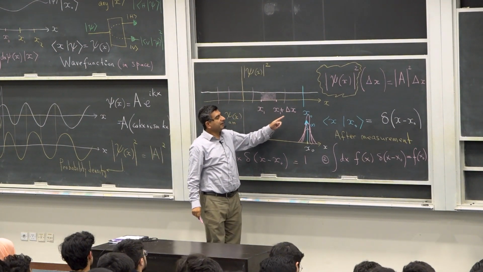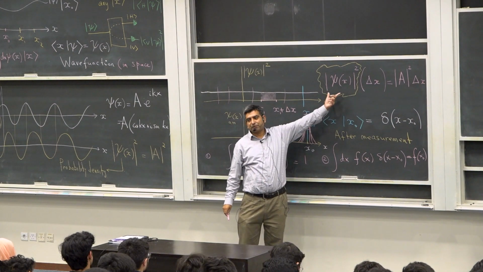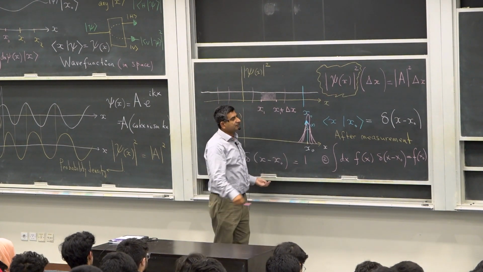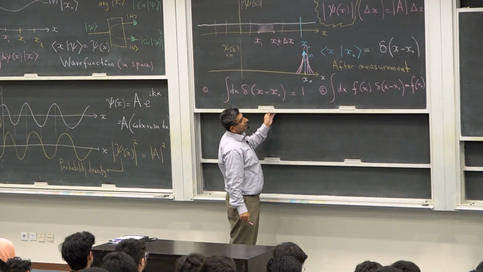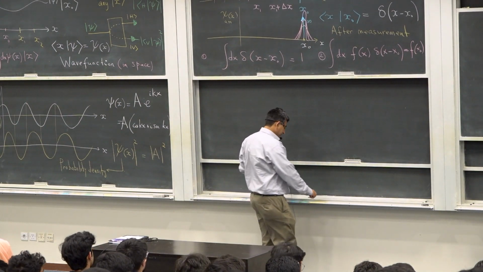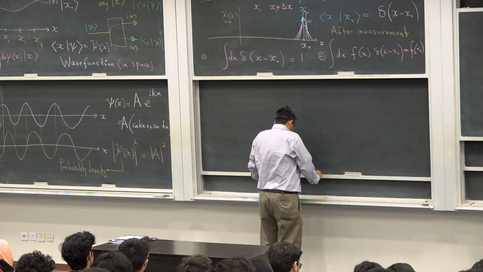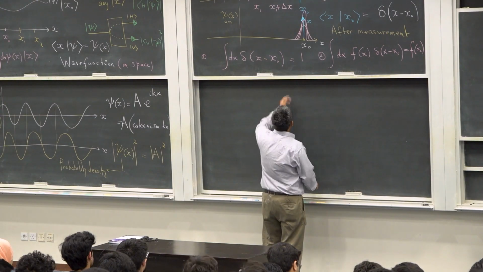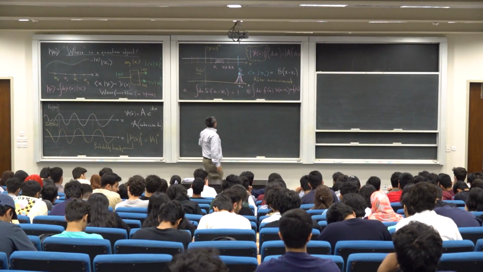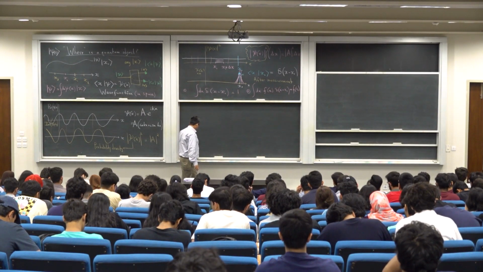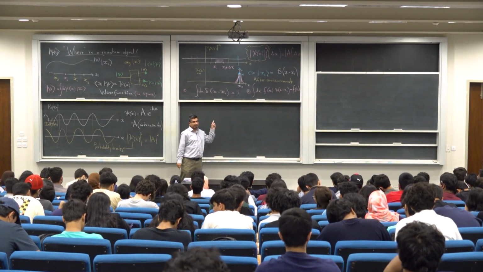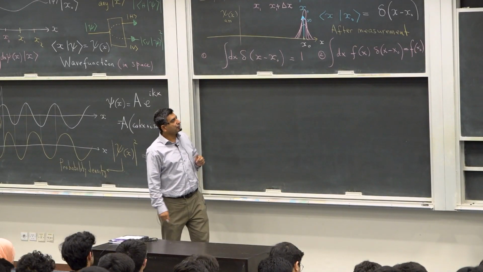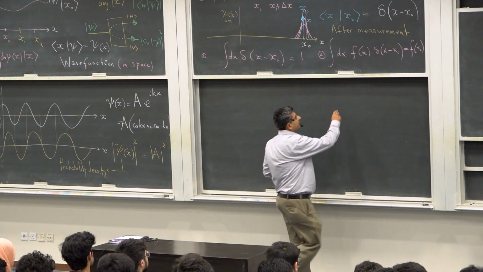So the probability density function is defined as the modulus square of the wave function. Let's look at a more realistic wave function. This wave function, by the way, corresponds to what is called a free particle.